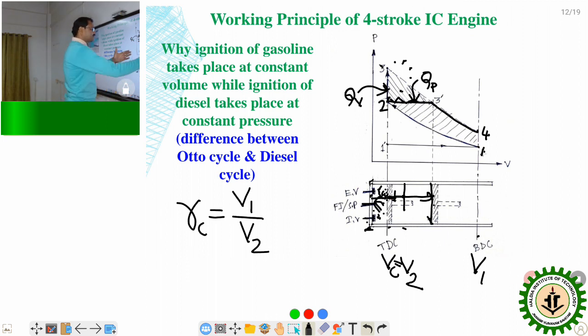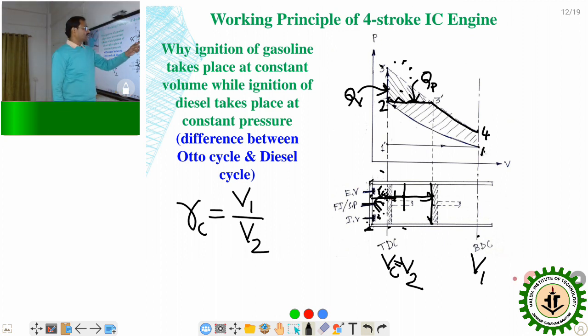So for the same compression ratio or the same stroke length, the area under the diesel cycle is lower than the petrol cycle. Because in case of the petrol, or rather the Otto cycle, used in petrol or gas engines, the area 1, 2, 3, 4 is more. This area, 2, 3, 3 dash, is extra in the Otto cycle.